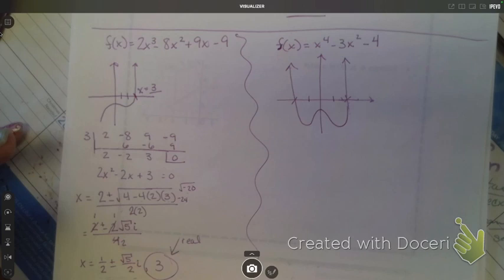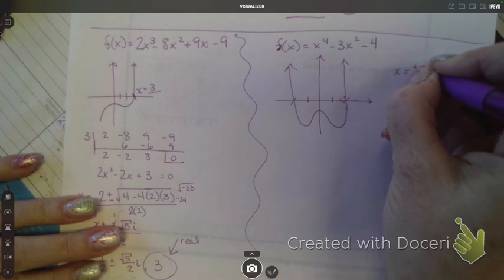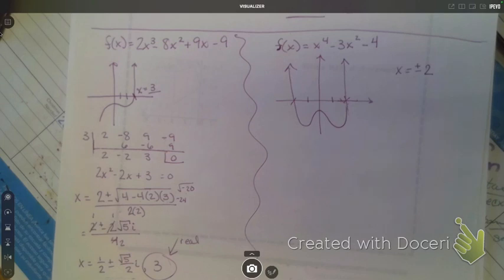So we know about this one. x equals what? Negative 2 and positive 2, plus or minus 2, right? Yeah.